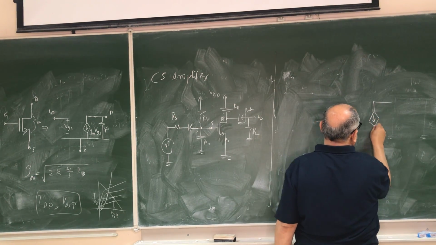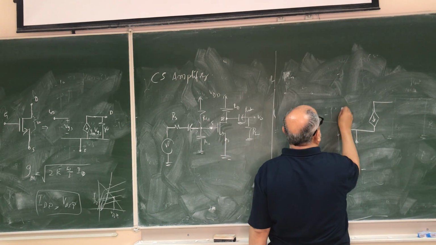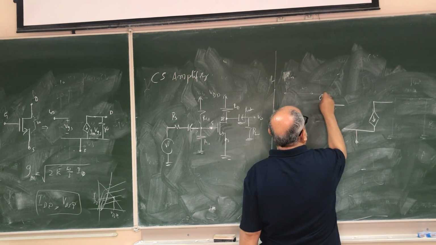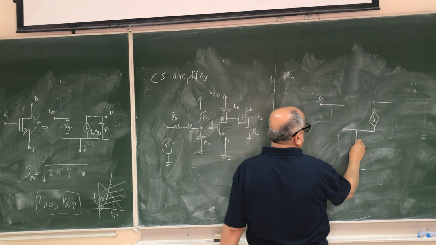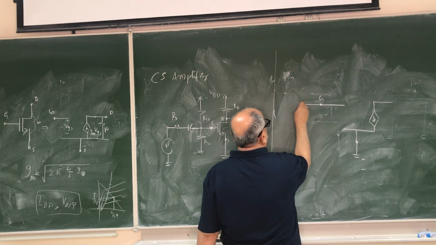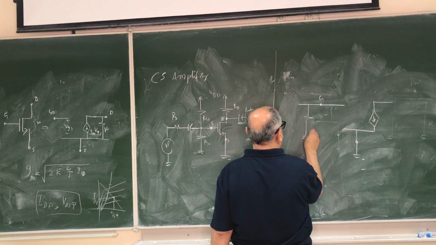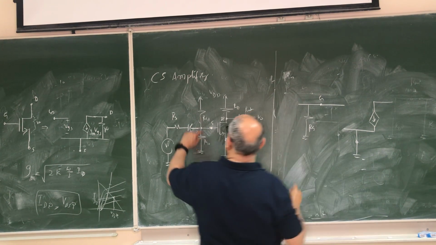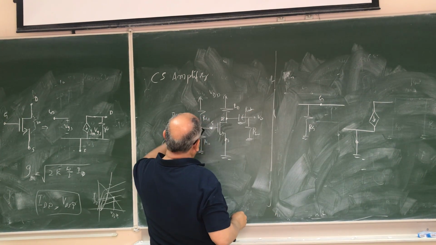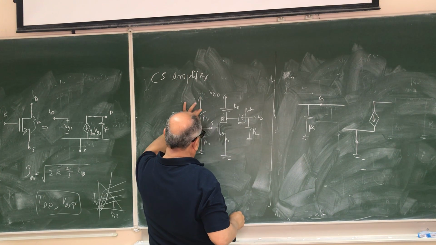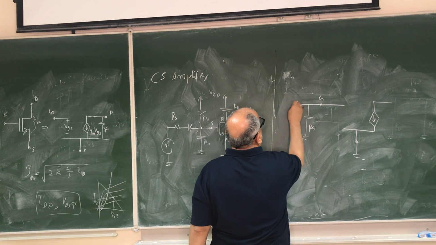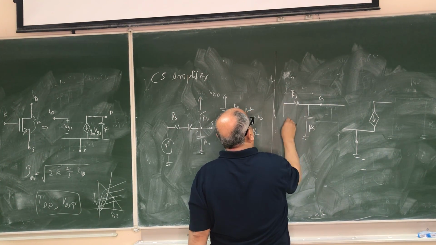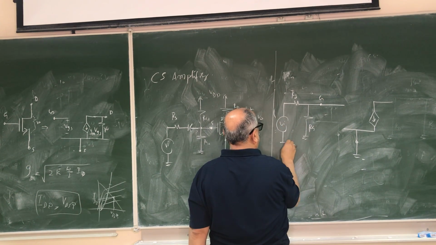Small signal equivalent circuit. This is the source here, the gate. The source is grounded. At the gate, we have two resistors now. RG is the equivalent of the two, RG1 in parallel with RG2, because this is grounded, they are in parallel. Then we have RS here, and the source is here, VI.